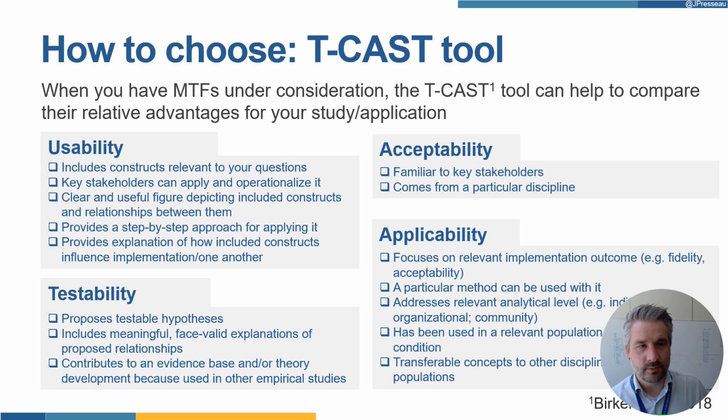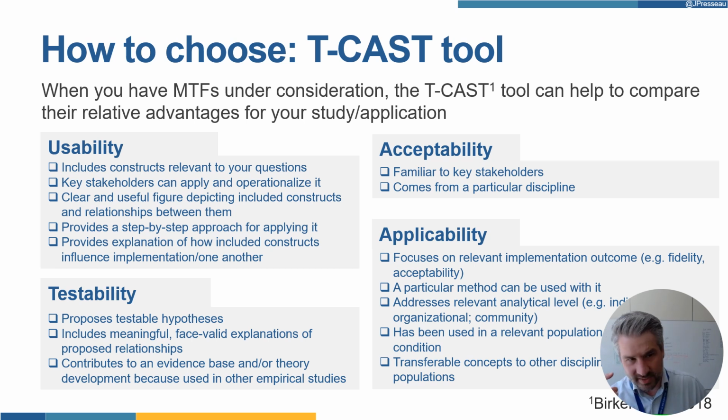But we worked to develop a tool, led by work by Sarah Birken and colleagues, to identify factors that you can think about when comparing models, theories, or frameworks to one another, and maybe even to justify the one that you select.